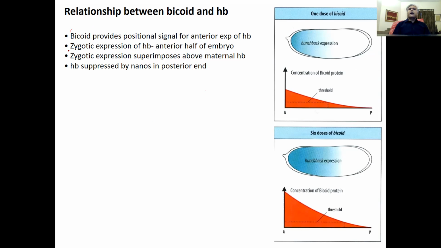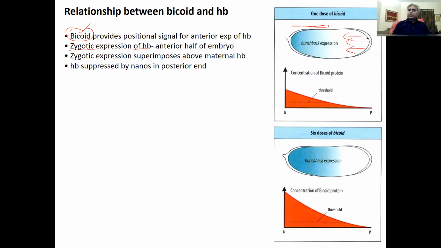So zygotic hunchback covers one half of the embryo, because it coincides with the concentration of bicoid. And you can superimpose the concentration of hunchback maternal effect protein as well as the zygotic hunchback, because zygotic hunchback will respond to the concentration of bicoid. And hunchback from the posterior side, we also learned, is suppressed by nanos at the posterior end.